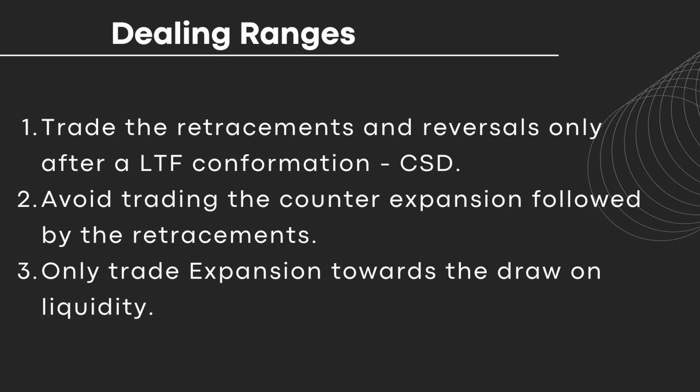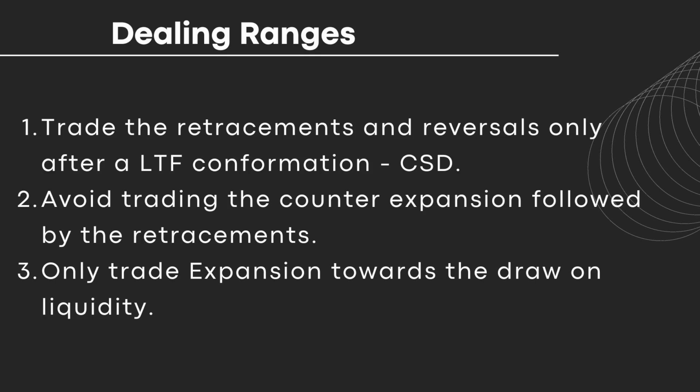You must only trade those reversal and retracement profiles after a confirmation happens. You should never trade them before the confirmation. That's what you should stick to. If there is no CSD, then you shouldn't be trading it. A lower time frame confirmation in the form of a CSD gives you more conviction in your analysis and increases the probability.